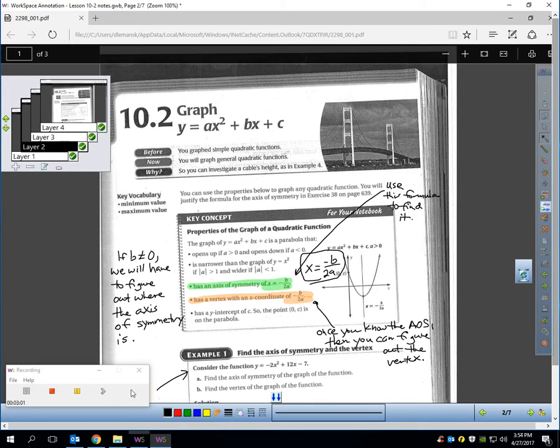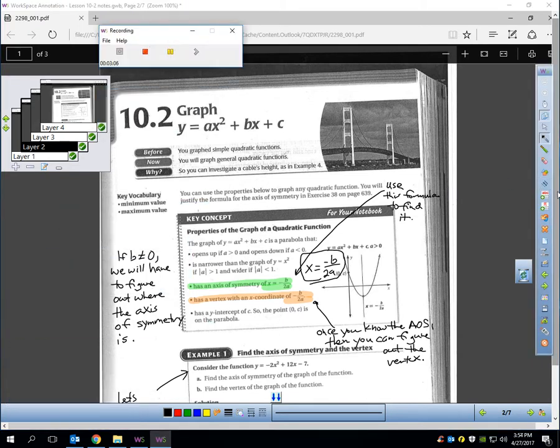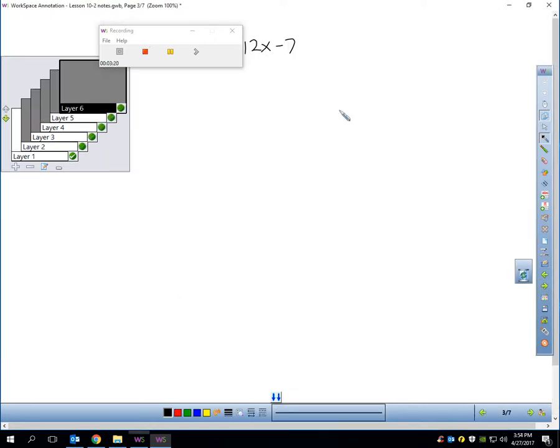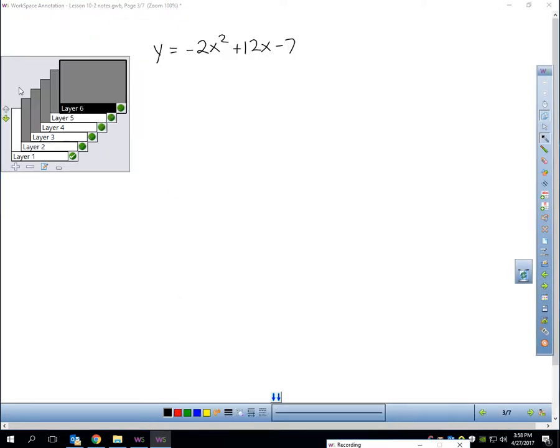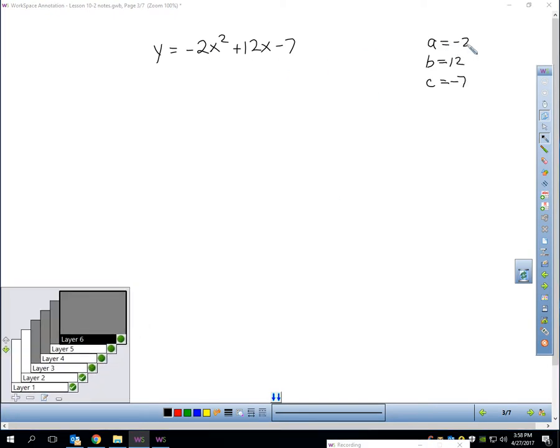Okay? Let's actually go through the process with a sample problem. Let's consider the function y equals negative 2x squared plus 12x minus 7, and we're going to sketch this. Okay, so first step. A equals negative 2, B equals 12, C equals negative 7.